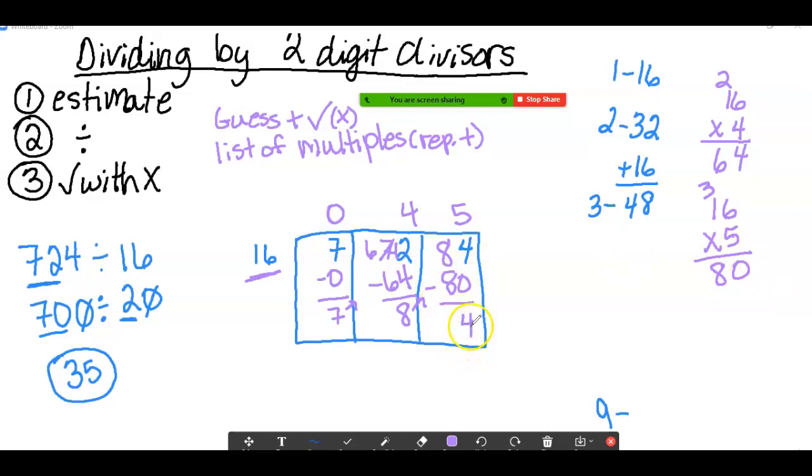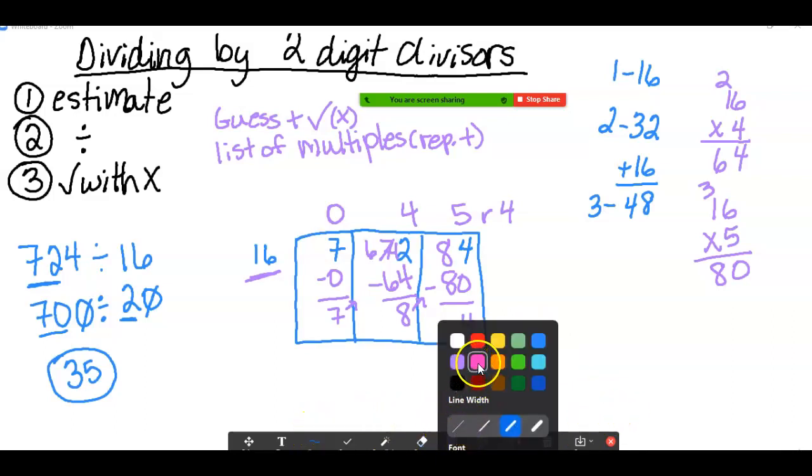Remember, we always have to stop here and ask, is my remainder less than my divisor? 4 is less than 16, so that is my remainder.